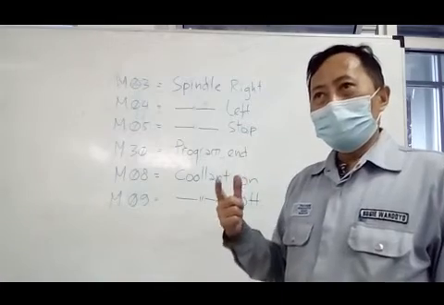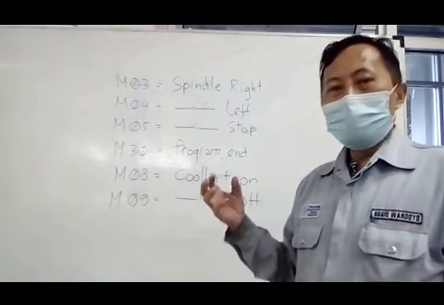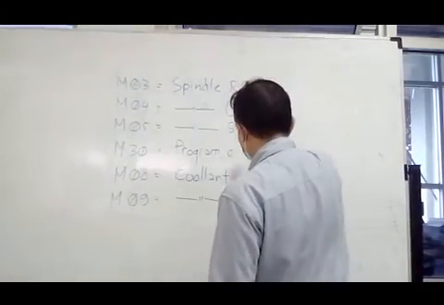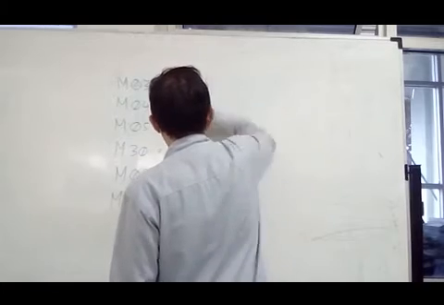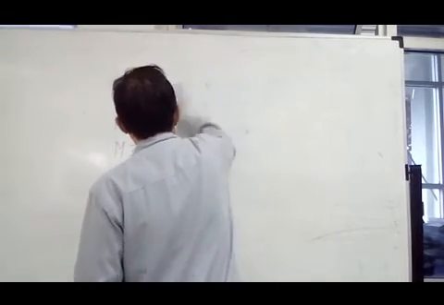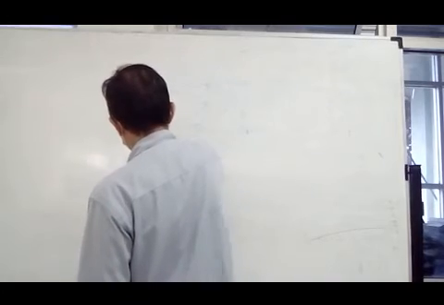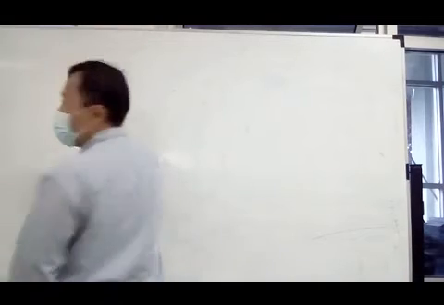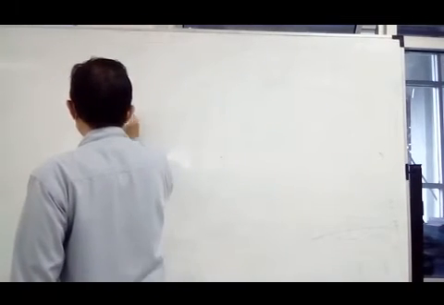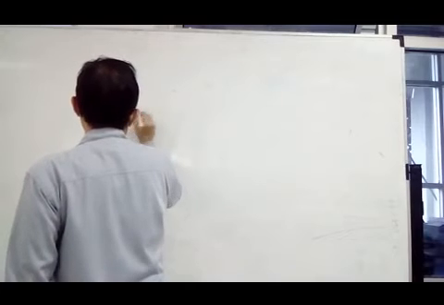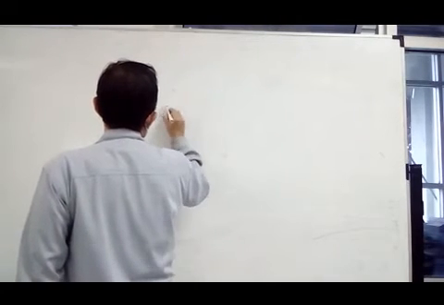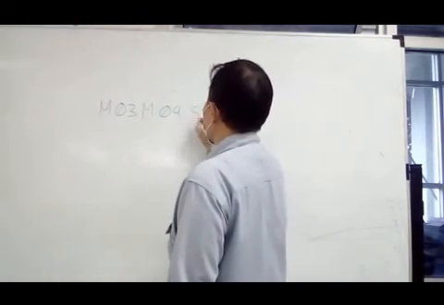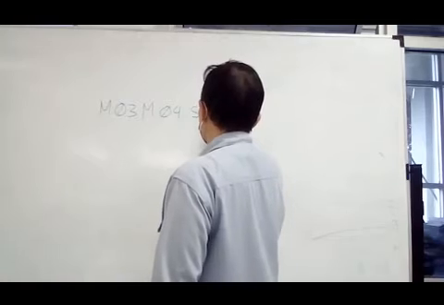Okay. Remember, in the M-codes, there is no grouping, so you cannot write like this: M03 and M04, blah blah blah, for example S is 1000.